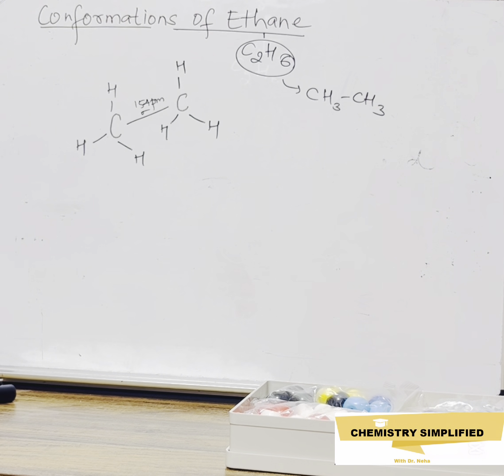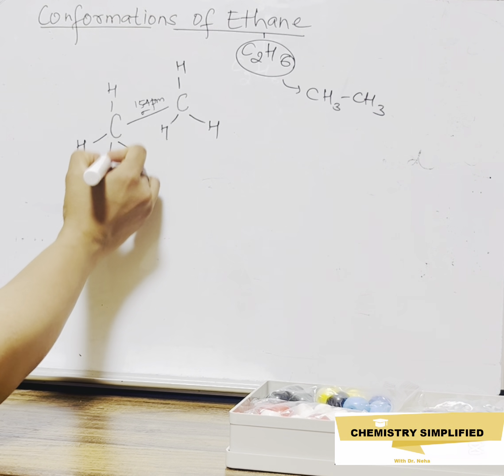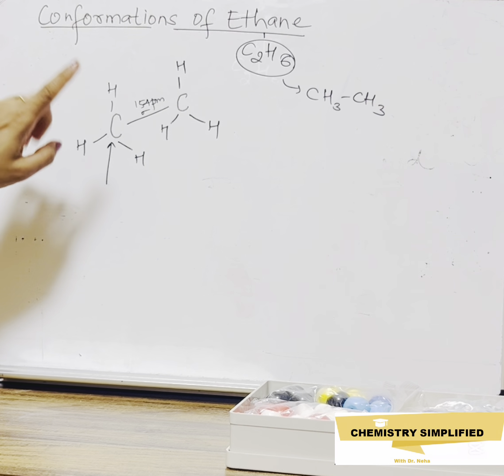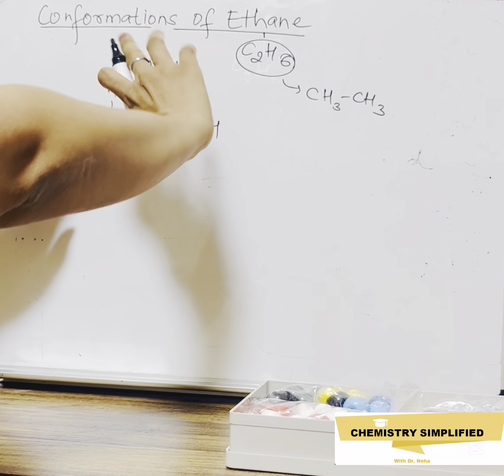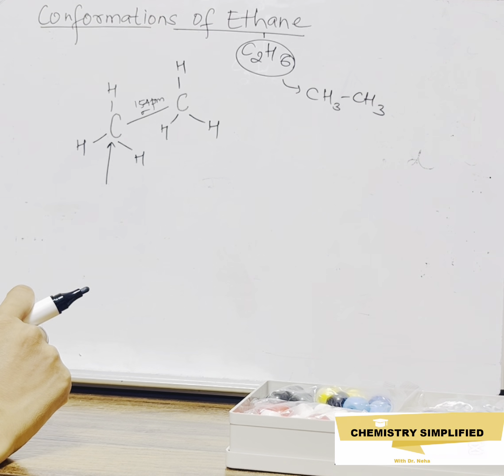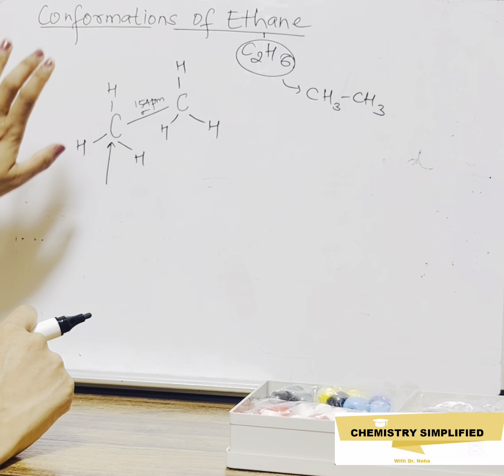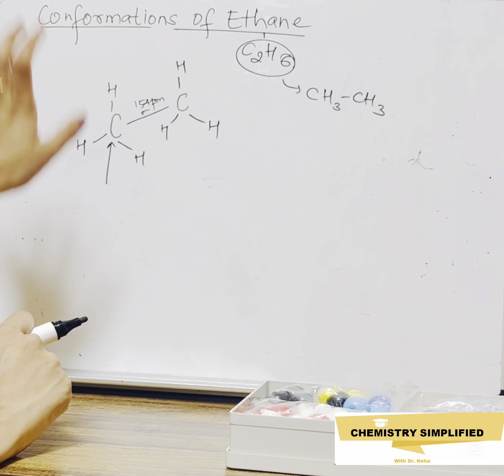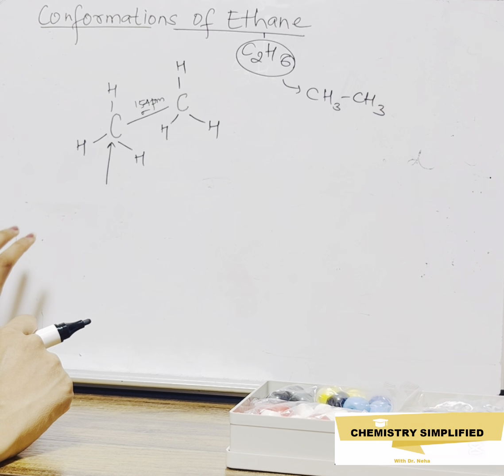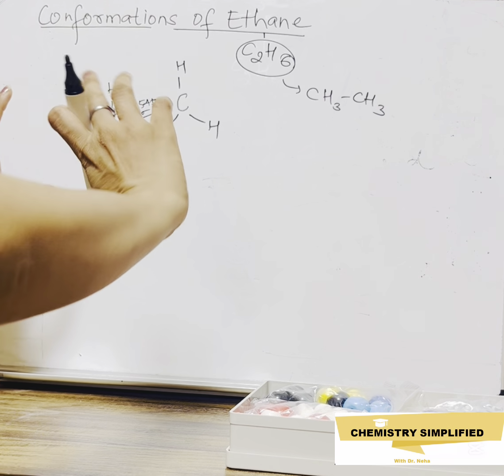Okay. Now what I'm going to do to make a conformer, I'm going to fix this carbon atom and I'm going to rotate this carbon atom. Now by fixing the position of one alkyl group, we can rotate the other.